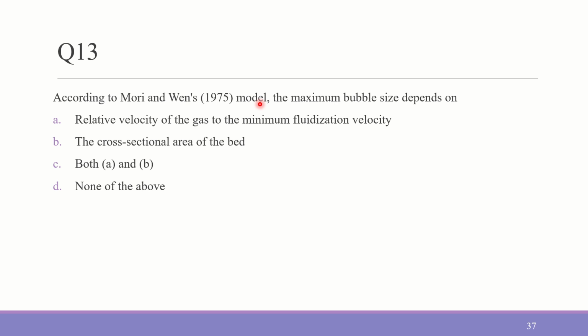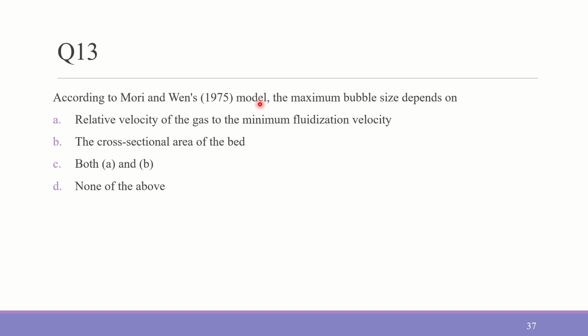So I would like to mention that Mori and Win's 1975 model is a very famous model which helps us to know the maximum bubble size. It in fact depends on relative velocity of the gas to the minimum fluidization velocity. Obviously the excess velocity is what leads to formation of bubbles, and cross-sectional area of the column also is a factor. dB max, actually I don't remember the formula, but it relates all these parameters, and the final equation includes all these terms.